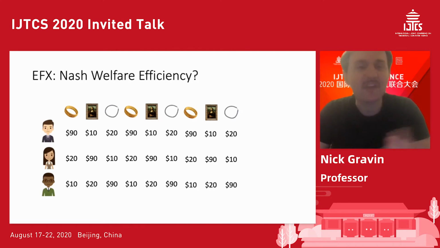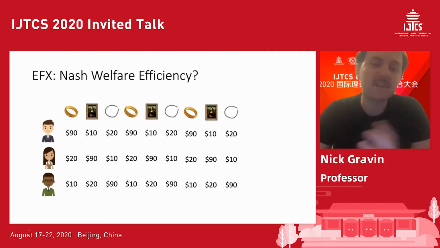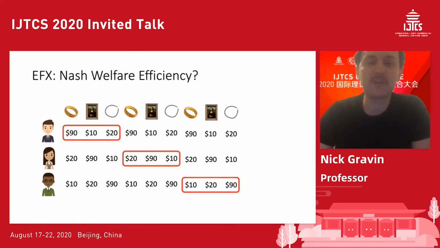Consider a setting with, let's say, 3 agents and 3 tuples of the same set of items. So we have ring, painting, and necklace, and we just take 3 identical tuples of this set. Okay, so a pretty fair way to divide items would be to give everyone just 1 tuple, right?